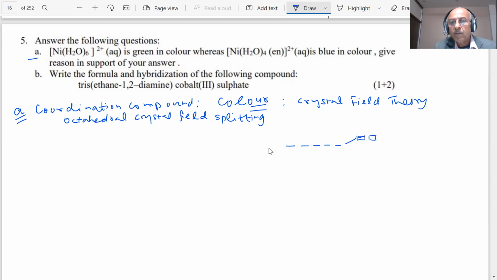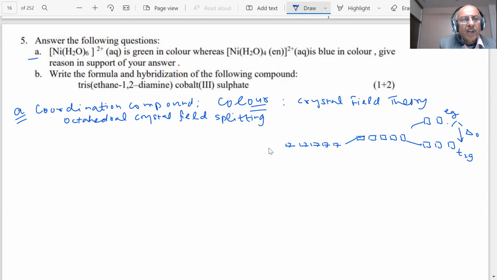These are the 5 d orbitals, and they get split up into 3 and 2. This is what we call crystal field splitting energy, t2g and eg. So in the octahedral case, you get this type of splitting. Now what will happen? Water is a neutral ligand.